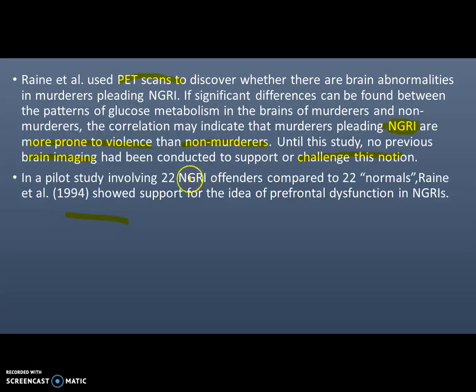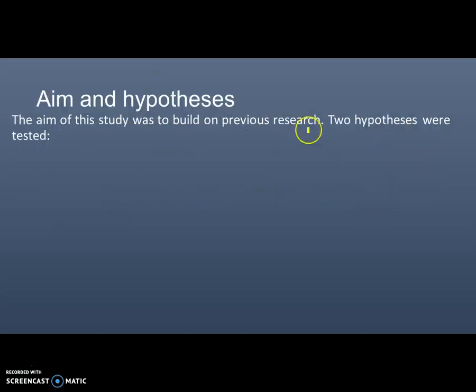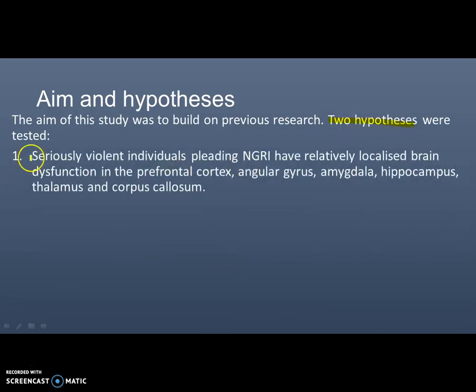aggressive than the norm. So I did a pilot study involving 22 NGRIs compared to 22 normals, and Raine in 1994 showed support for the idea of prefrontal dysfunction in the NGRIs. So prefrontal is the front of the brain, dysfunction is abnormal functioning of the brain. So the aim was to build on the previous research, and two hypotheses were tested.